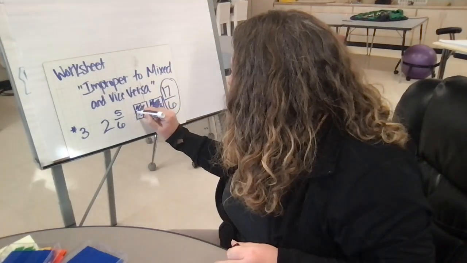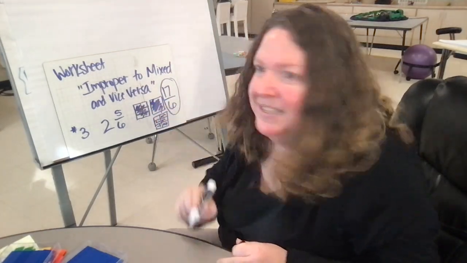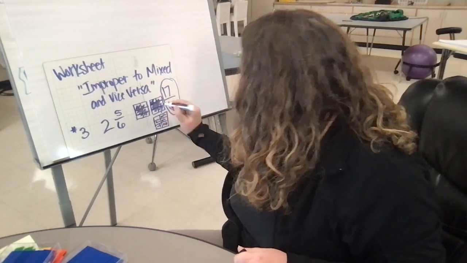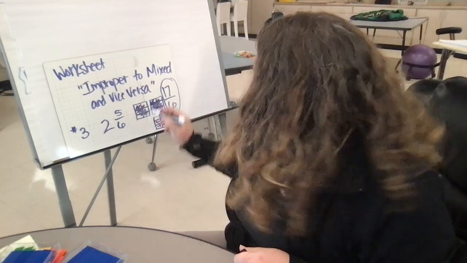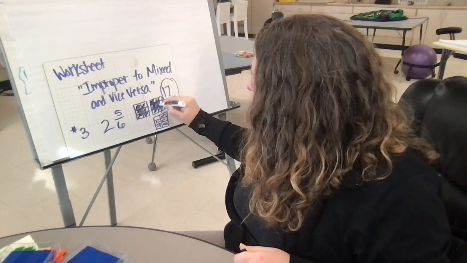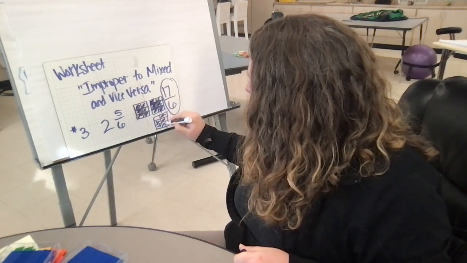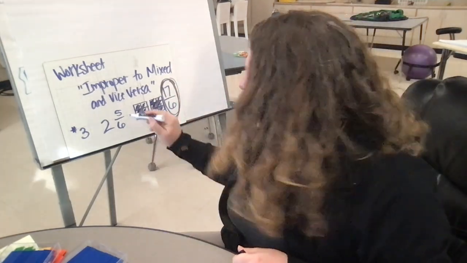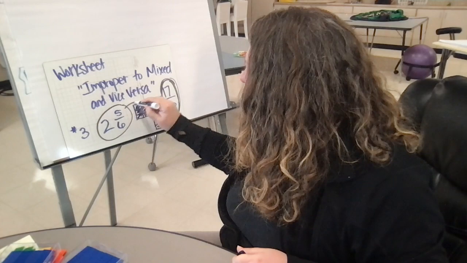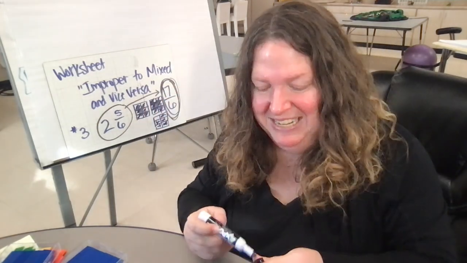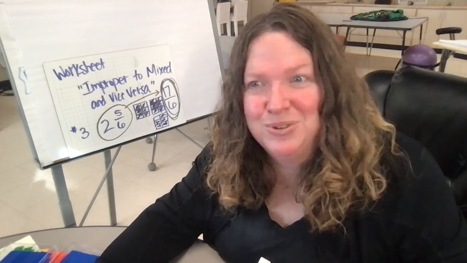We're going to divide these whole ones into 6, divide this whole one into 6, and we can count it just like we did. 1, 2, 3, 4, 5, 6, 7, 8, 9, 10, 11, 12, 13, 14, 15, 16, 17. Our answer, how do we change 2 and 5/6 into an improper fraction? Our answer is 17/6.